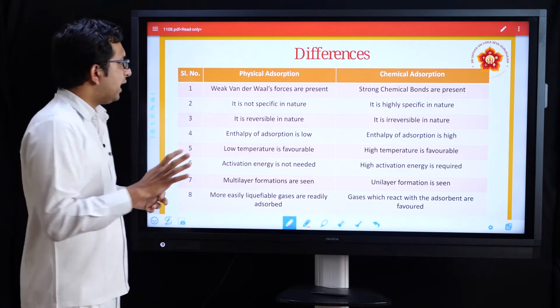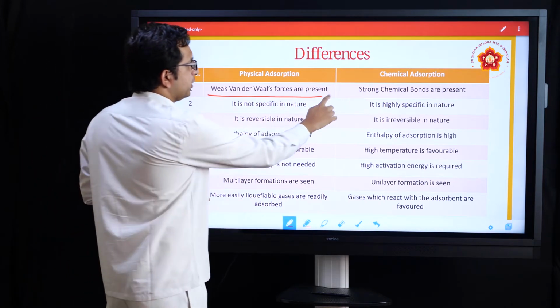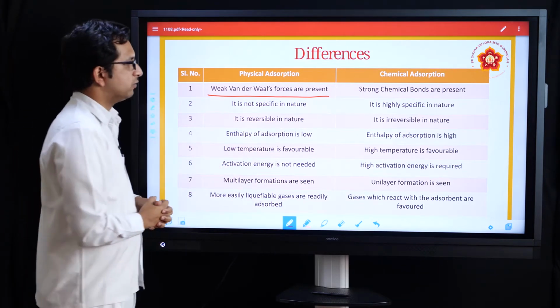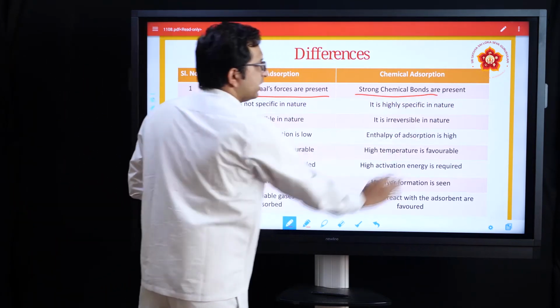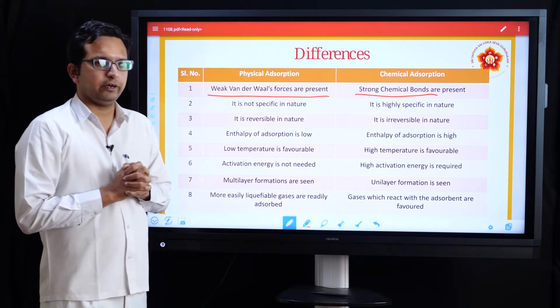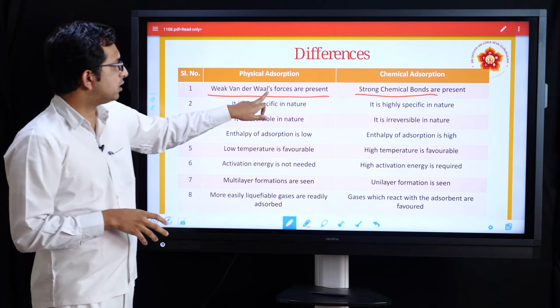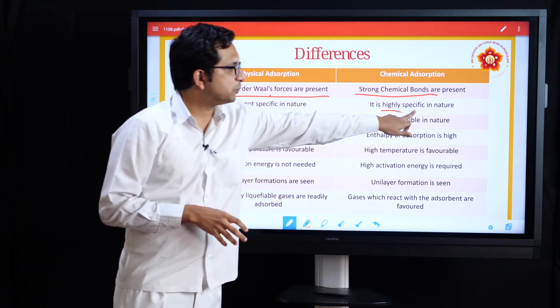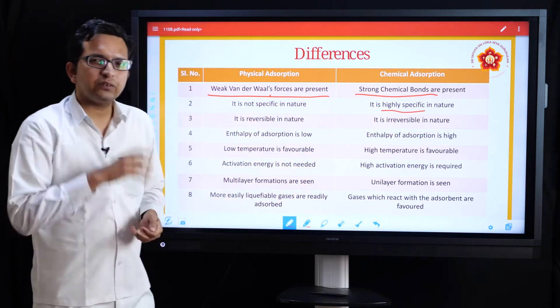Let us see. As already told, physical adsorption will depend on weak physical forces, whereas chemical adsorption will definitely depend on the strong chemical bonds which are generated. So the moment it is a weak force and that is a strong force, it will definitely be highly specific. What do you mean by specific here?